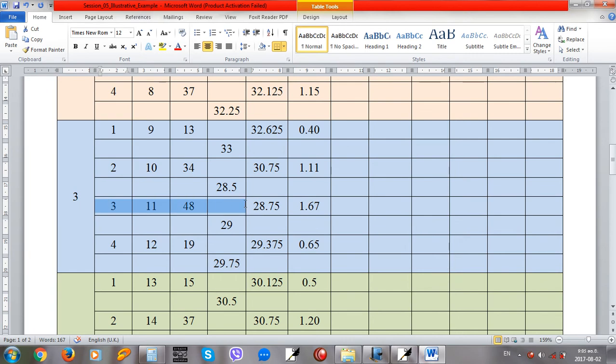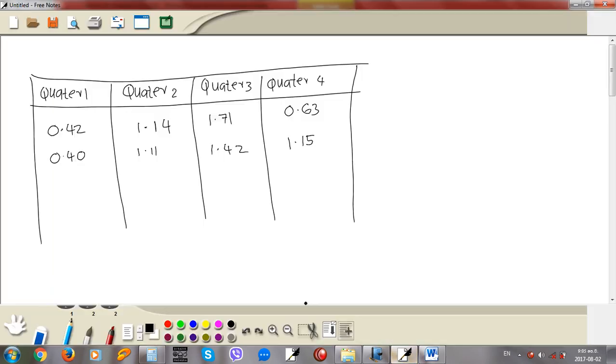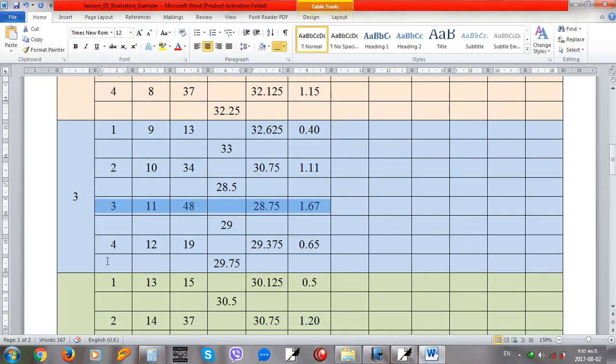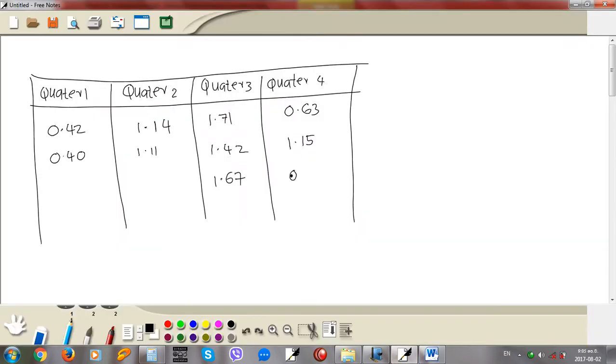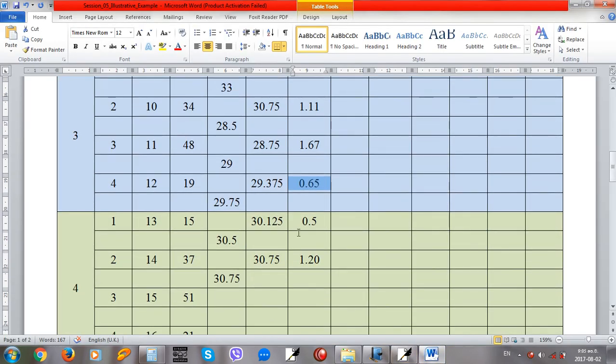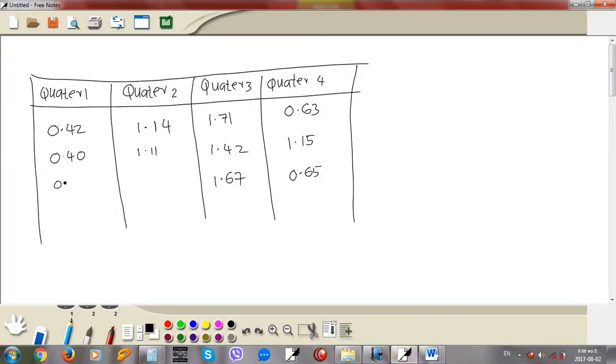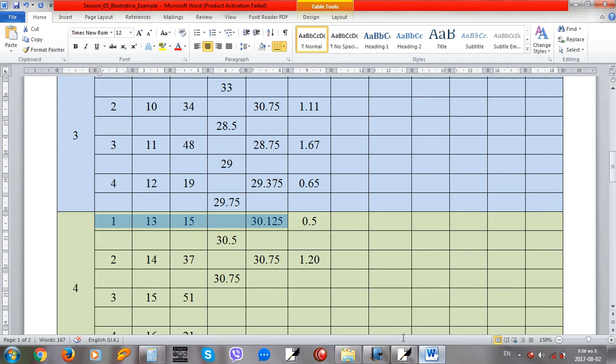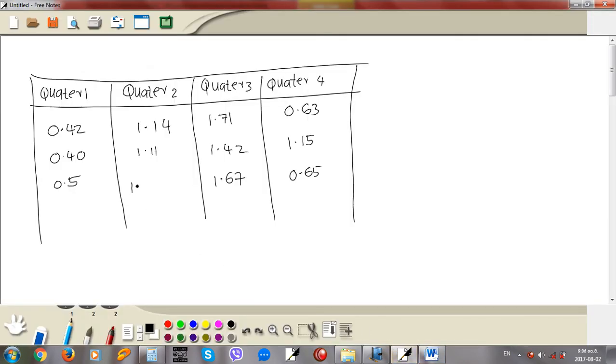Next one, quarter 3, is 1.67. Next value, quarter 4, is 0.65. And the other value, quarter 1, is 0.5. The last value belongs to quarter 2, that is 1.2.